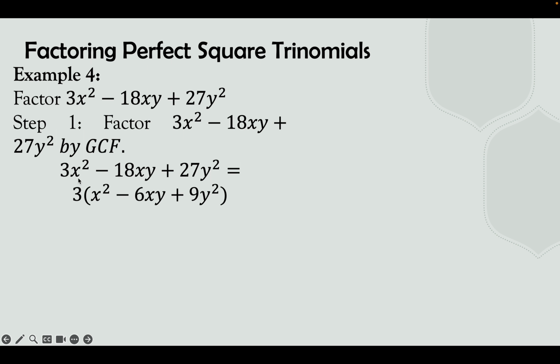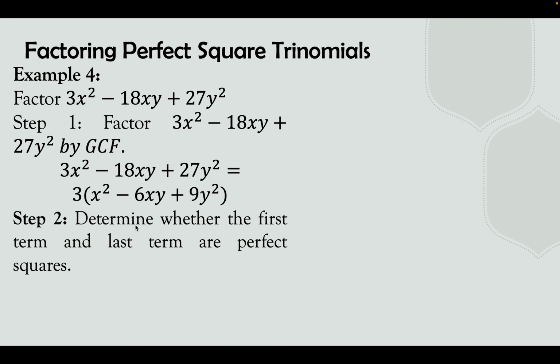So we can factor 3x squared minus 18xy plus 27y squared into 3 times x squared minus 6xy plus 9y squared. So we will use this one, x squared minus 6xy plus 9y squared, in factoring the perfect square trinomial.